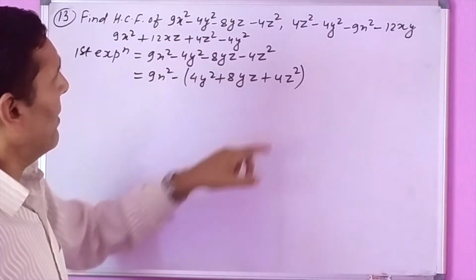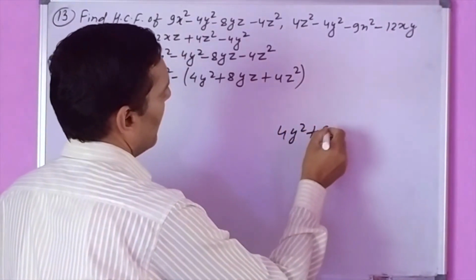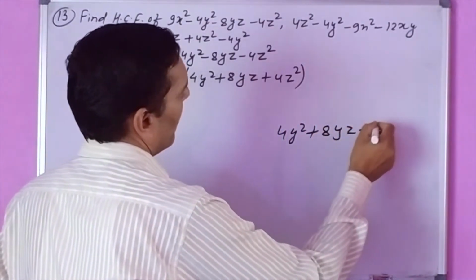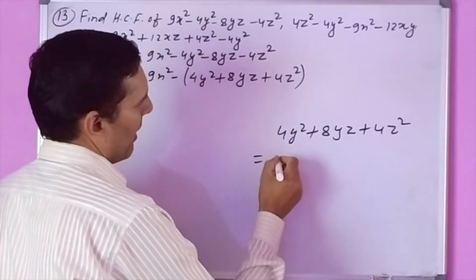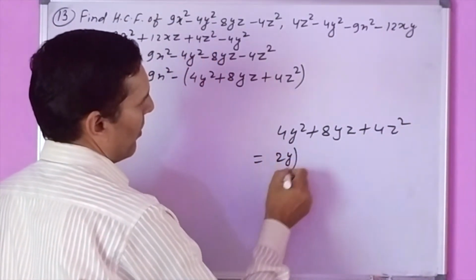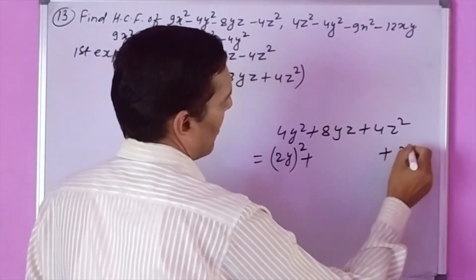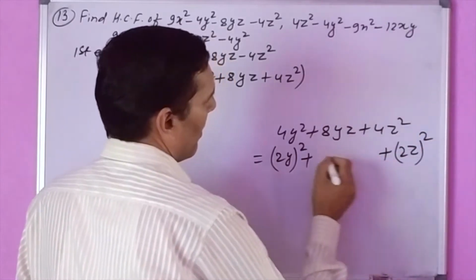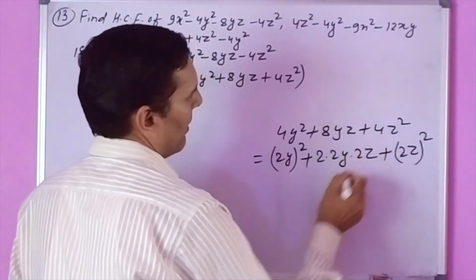Now these three terms, 4y square plus 8yz plus 4z square. Look here, this 4y square, we can write as square of 2y, and the last 4z square as square of 2z. So a is 2y, b is 2z.